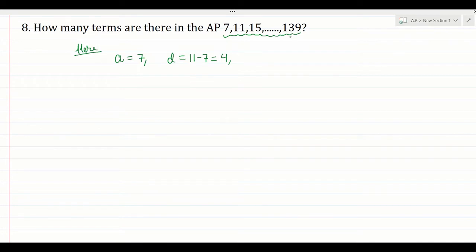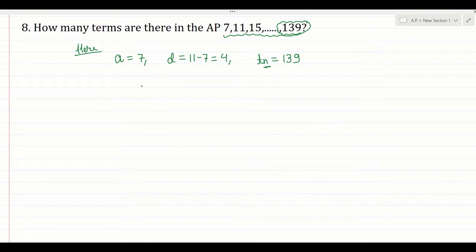We don't know. But isn't 139 the last term in this AP? Of course. So we will suppose let Tn is equal to 139. The n over here will present the number of terms in this AP. Isn't this? Yes, of course. The n present in this Tn will represent the total number of terms present in this AP.